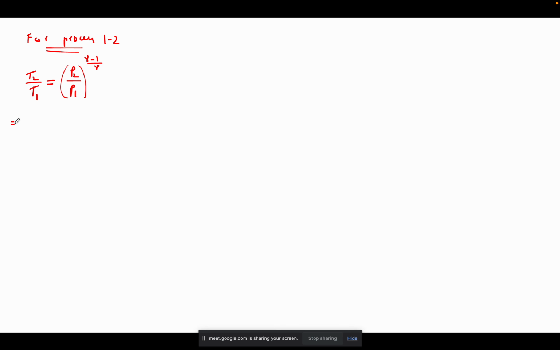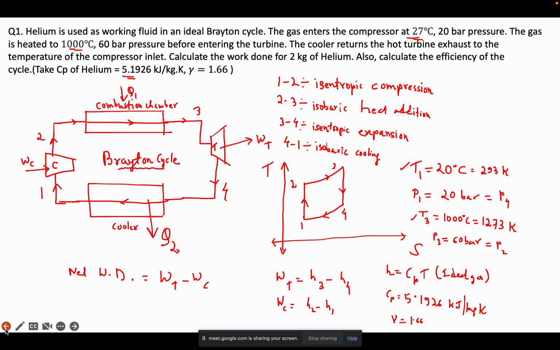We know T1, P2 and P1, and from there I can calculate T2, that is T1 times P2 by P1 to the power gamma minus 1 by gamma. T1 value is, sorry, 27 degrees Celsius, so this is basically 300 Kelvin.